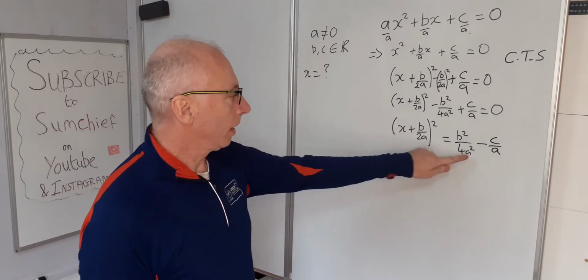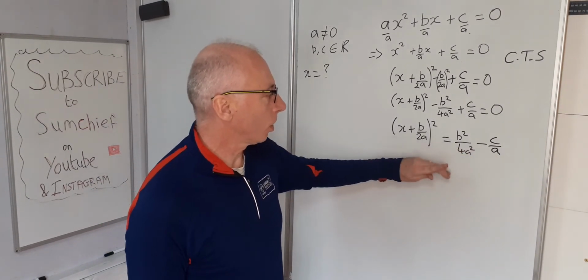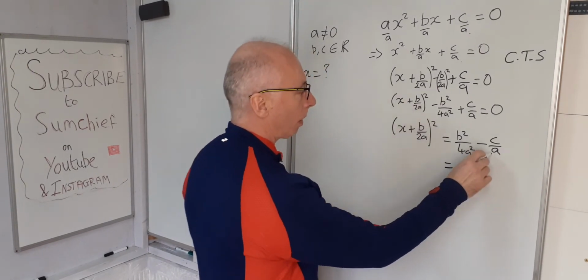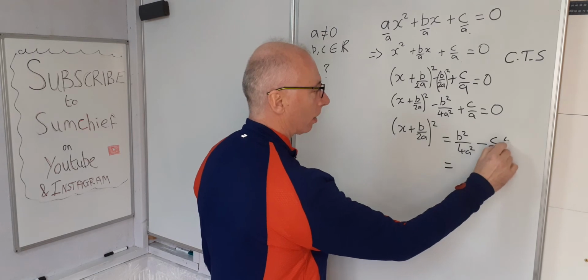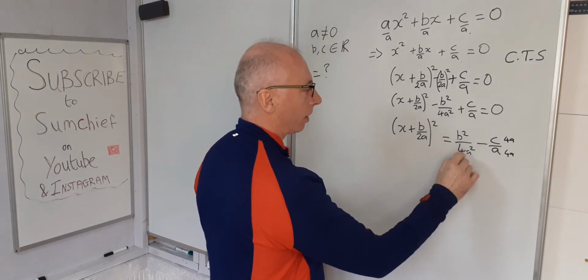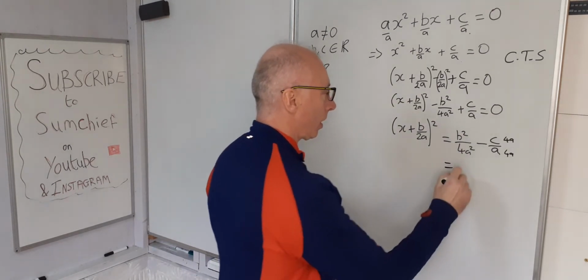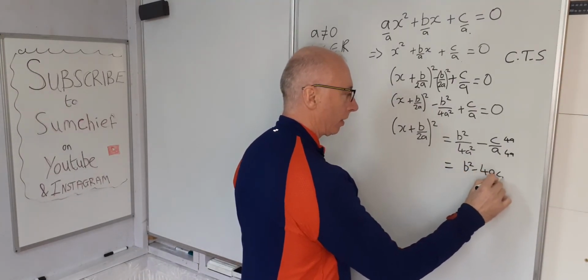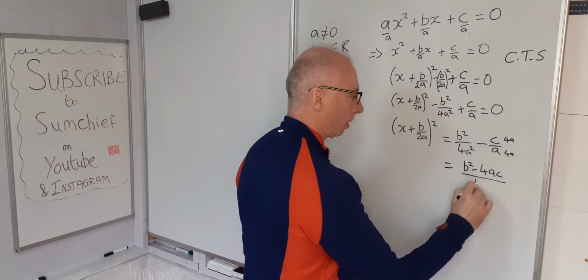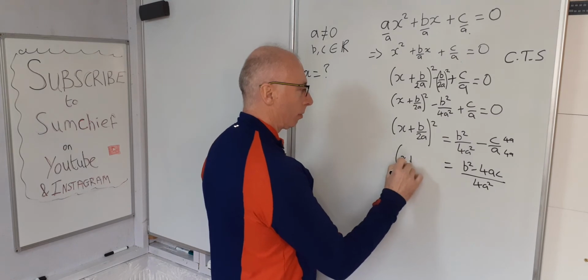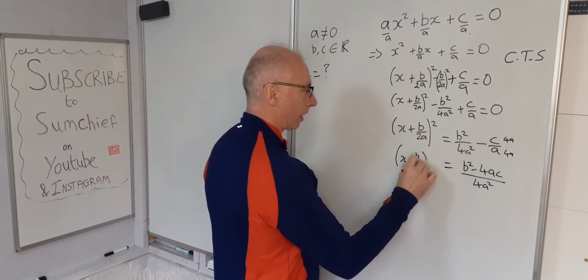Okay, right, let's do something with this just to make this look as one fraction. So if we multiply this by 4a and then 4a, we'll get the denominator the same. So then we'll end up with b squared minus 4ac over 4a squared, and that will equal x plus b over 2a squared.